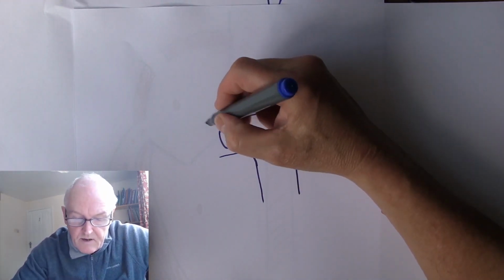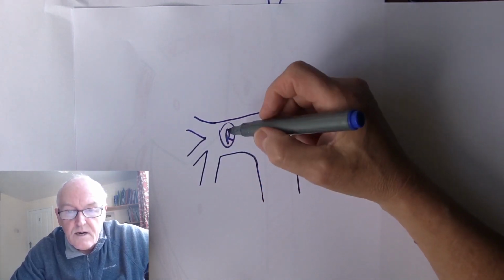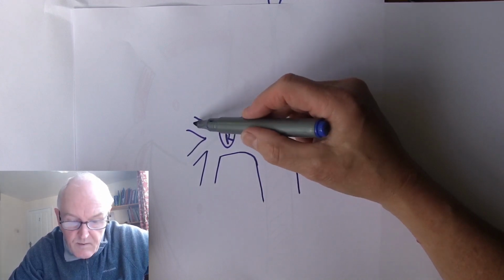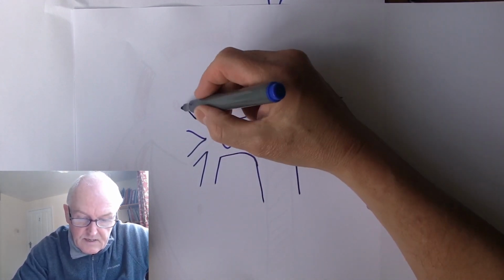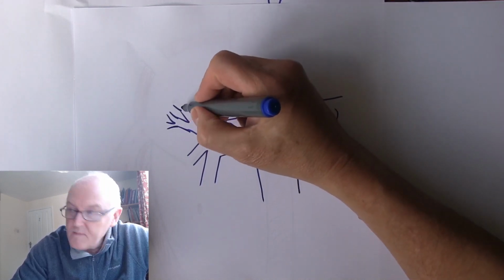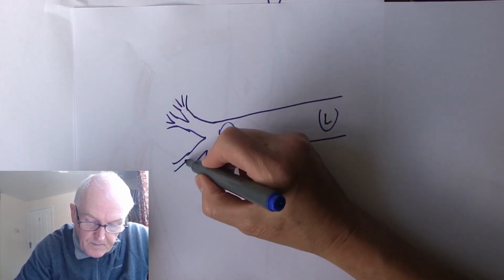And this is going to divide into interlobar arteries and then into lobar arteries. And these are going to divide down into smaller segmental arteries. And we're going to get this arterial tree, this fractal tree.